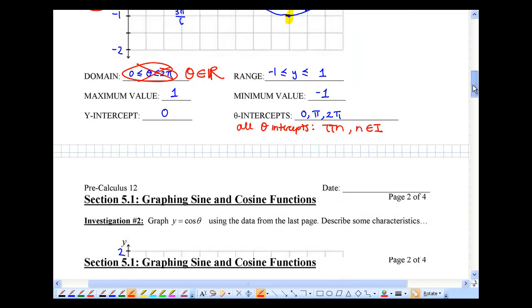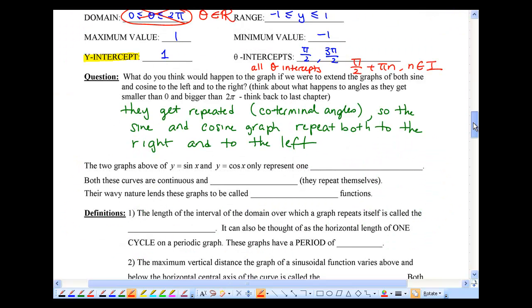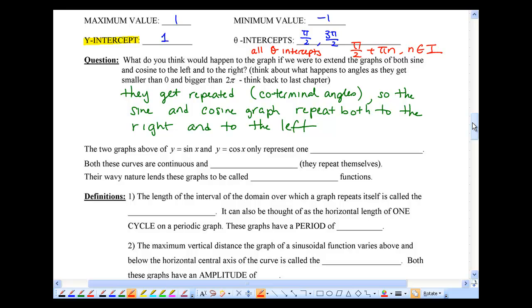Now, this thing goes on and on and on like the Energizer Bunny. The two graphs above, okay, what I did in blue only represent actually one cycle. Okay? But then afterwards I extended it with the red. Both these curves are continuous. They go on forever and ever.